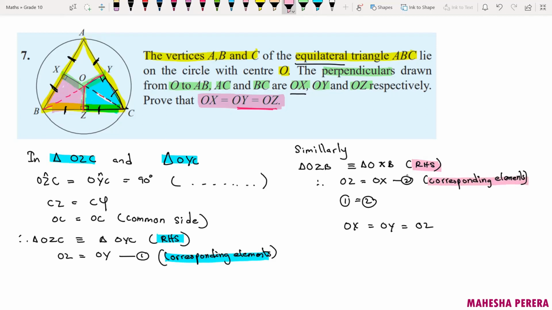These are actually corresponding sides. So what are these two sides? This OX and OZ, right? So you can write OZ equals OY, and it is the second equation. So if you equate two equations, you can arrive at your answer. OX equals OY equals OZ.